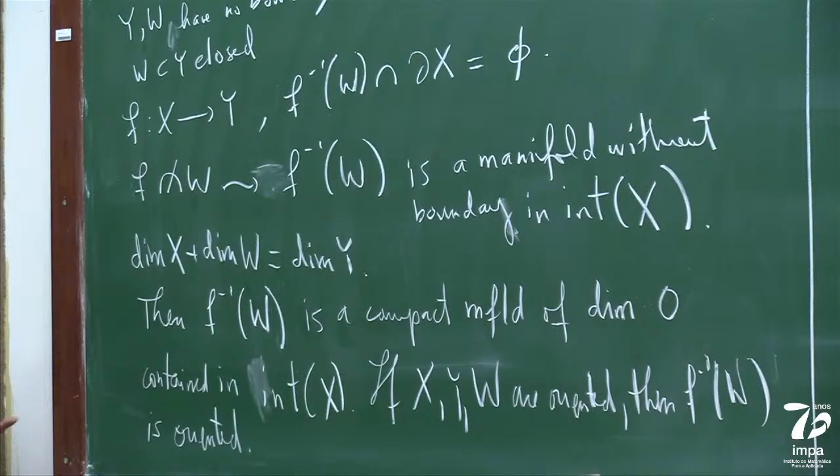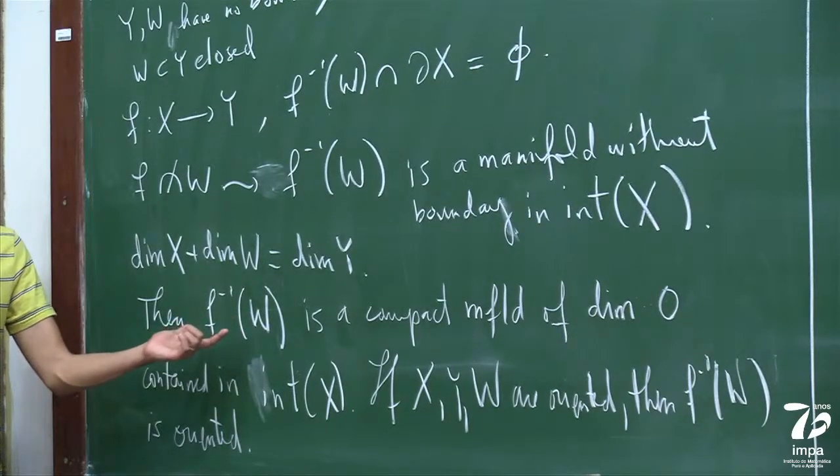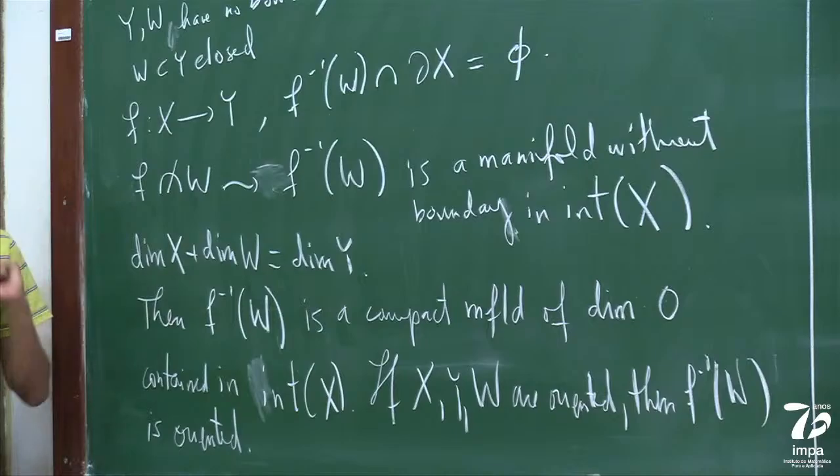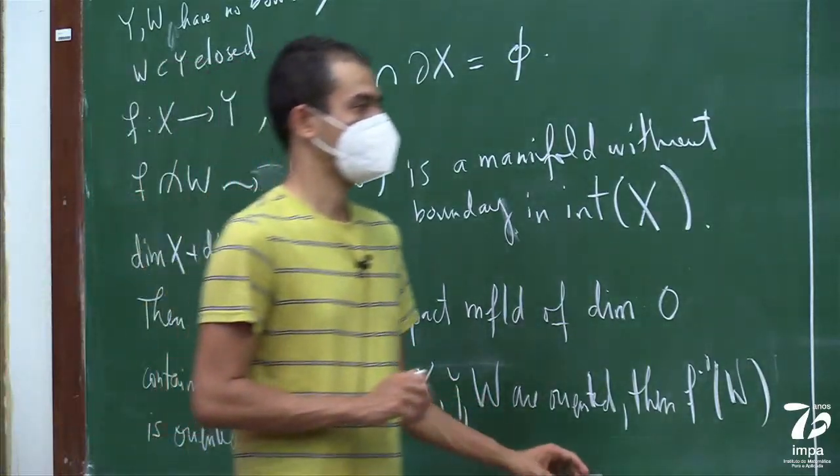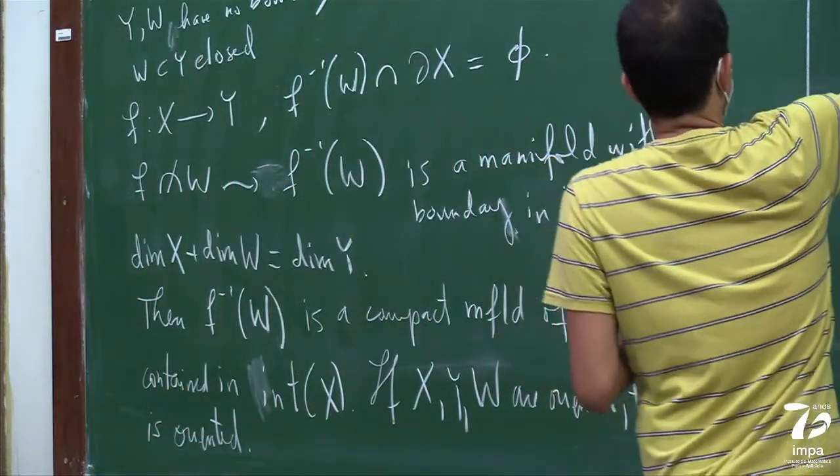So that means that you can count these points with signs and say that that's the intersection number. Okay? So I guess we could have already said that last time.